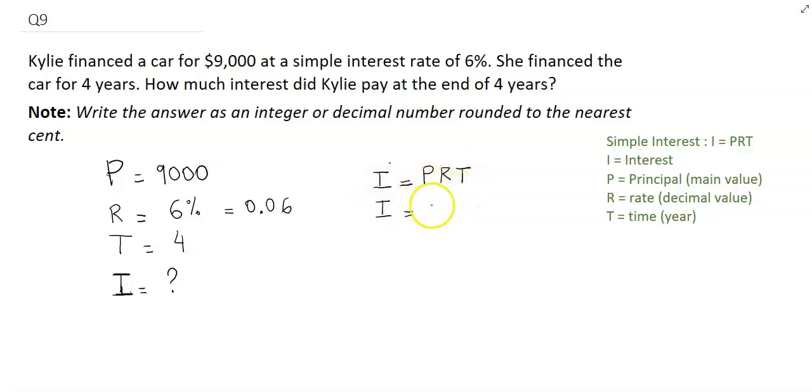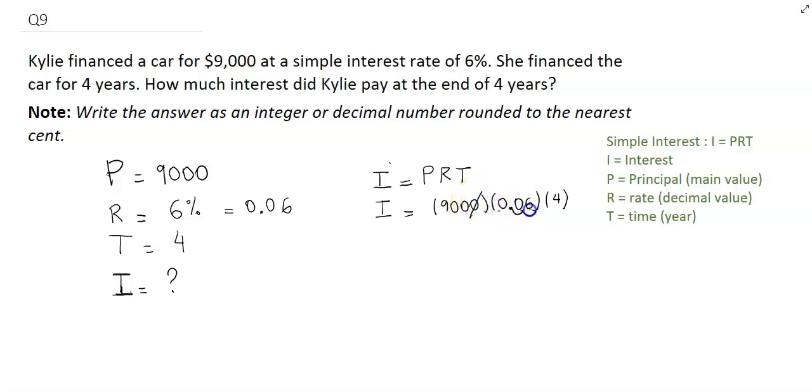So P, R, T, they are multiplying each other. So 9,000, the rate 0.06, how long? 4 years. Okay, so I do not know if you guys remember the trick. I have a decimal point here with 2 places, and I have 2 zeros here. Each time I go to the right, I cut 1 zero.